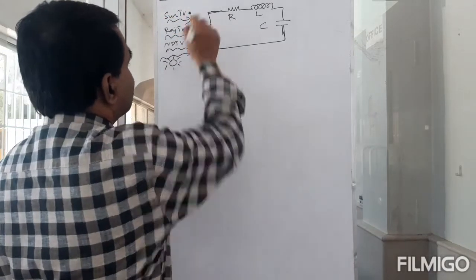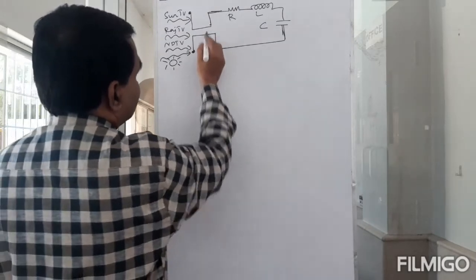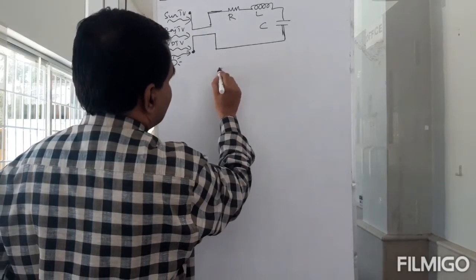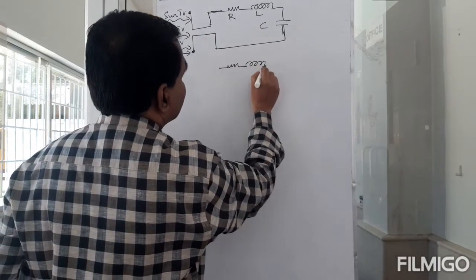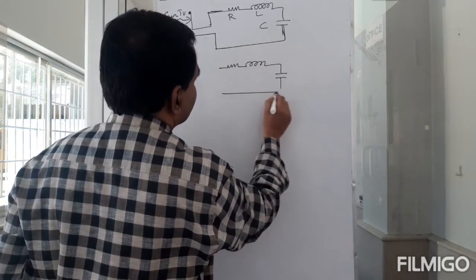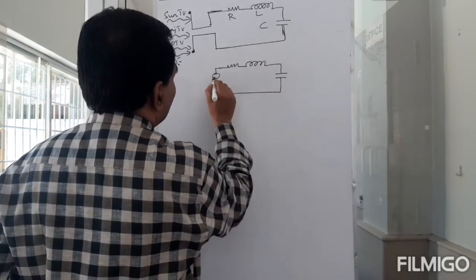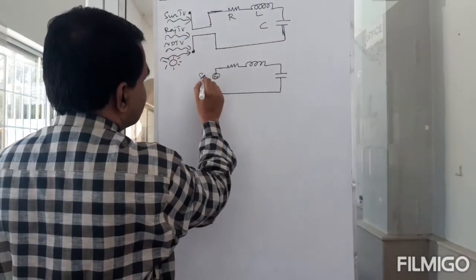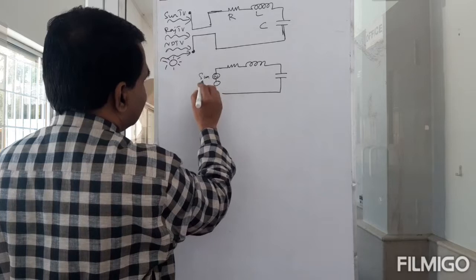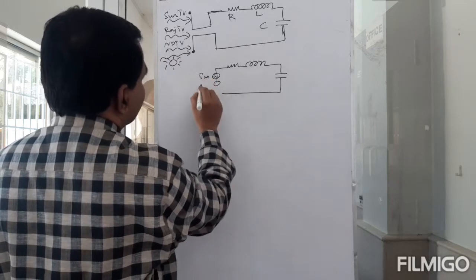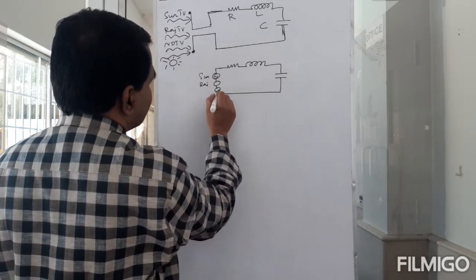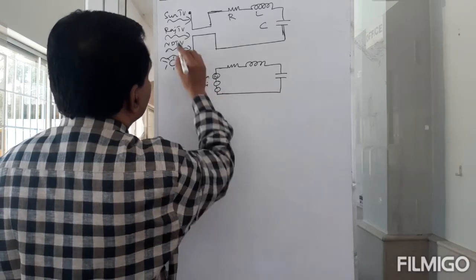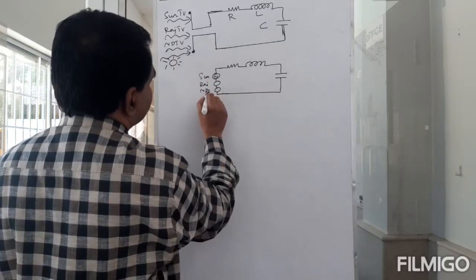So it is like this. It is like you have the circuit, and then you have one EMF from the Sun TV, this is Sun EMF, and there is another EMF from Raj, and there is another EMF from NDTV or something.